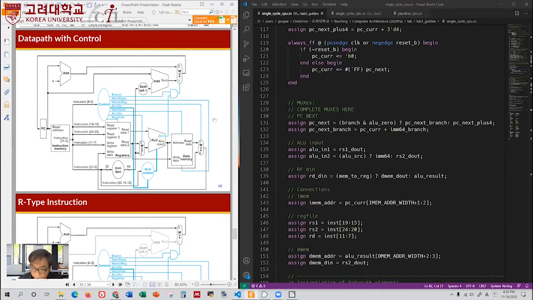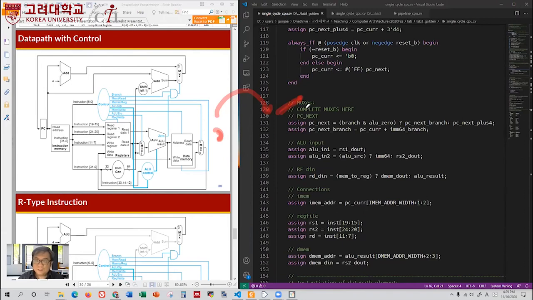So this is an example of hardware design. In hardware design, you need to translate this block diagram or architecture into the SystemVerilog code.